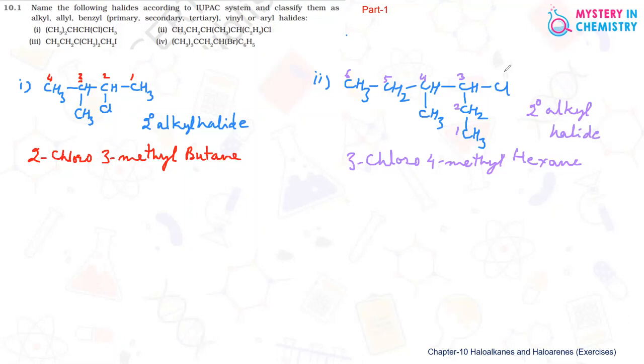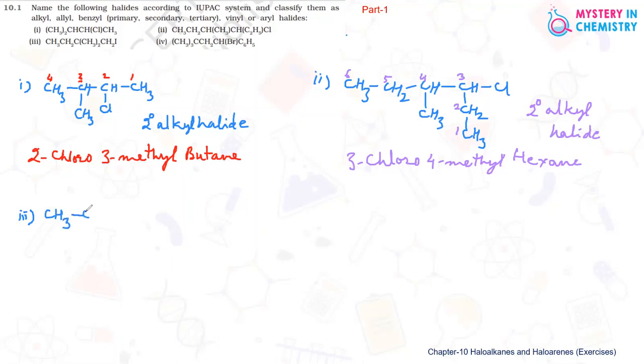Now come to the third one. The third compound is CH3. Again look at the compound which is given to you and write the structure.